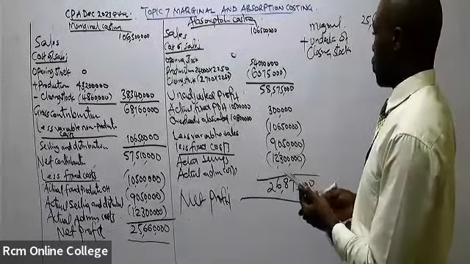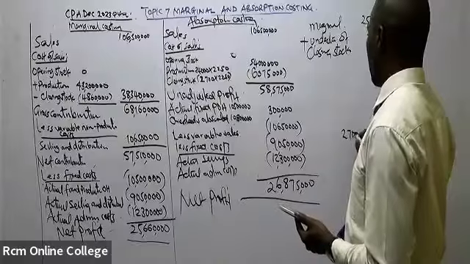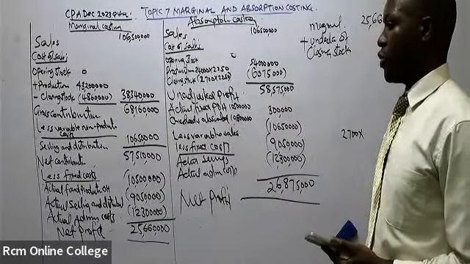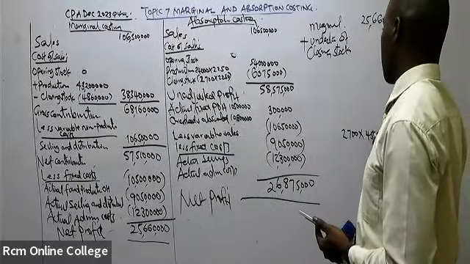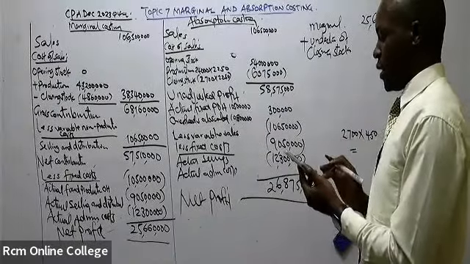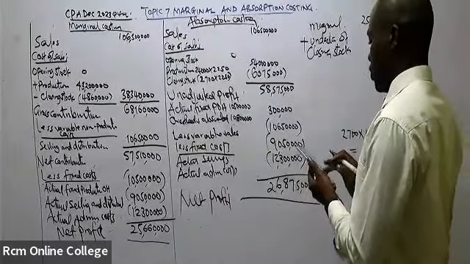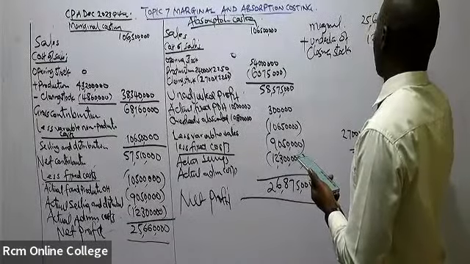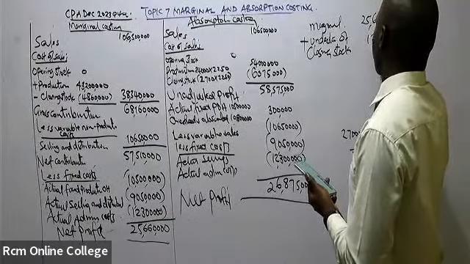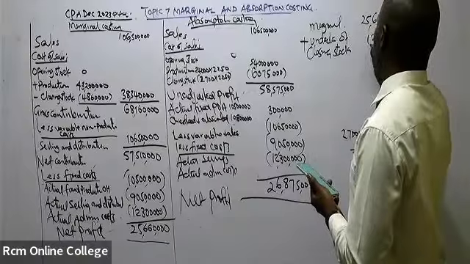So what is our closing stock? 2,700 units. What is the fixed production cost per unit? 450. That is what is understated. So when you take 2,700 times 450, it gives us 1,215,000.